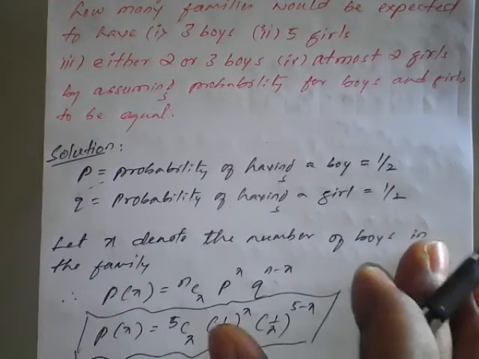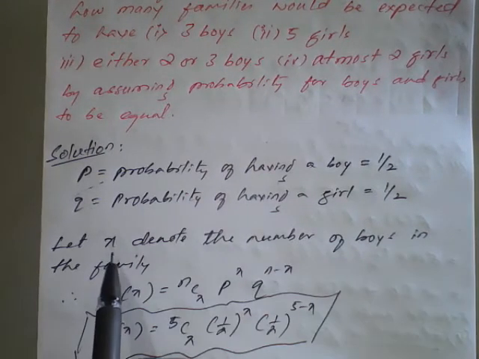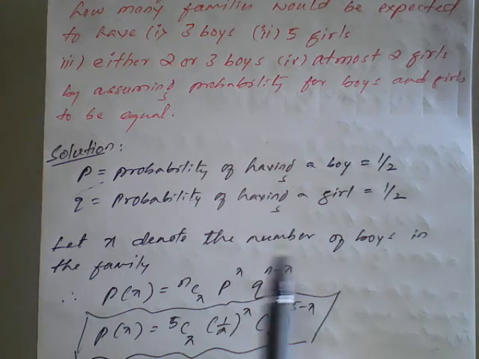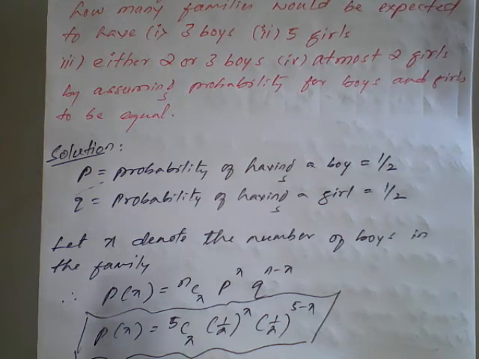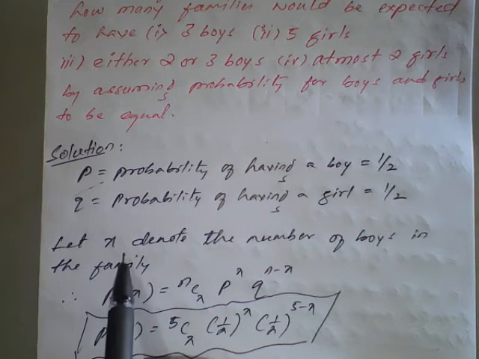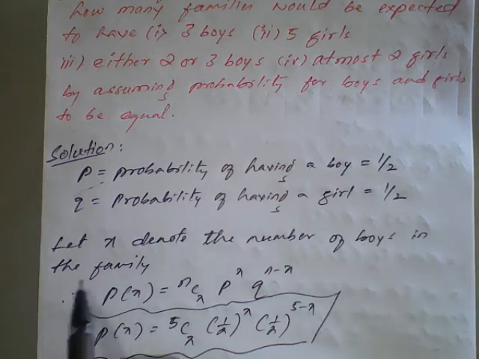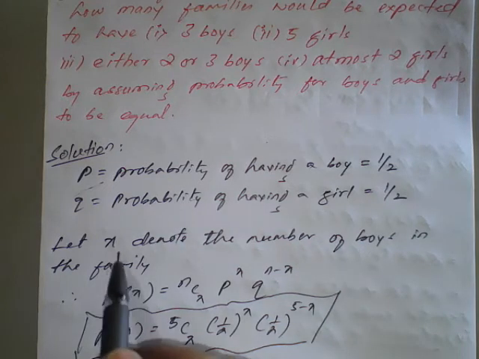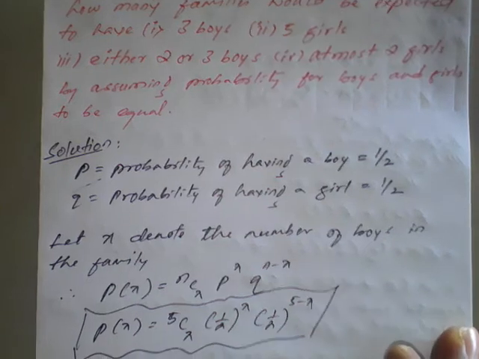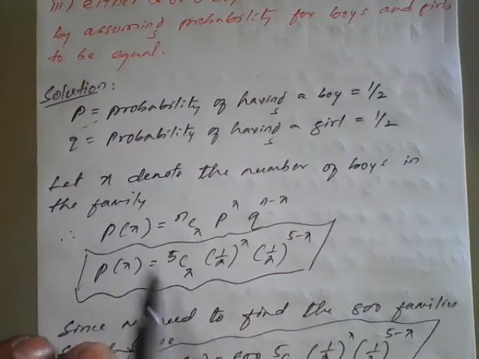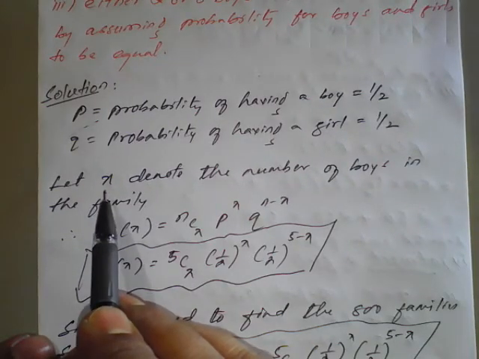Here I want to fix a random variable. So x denotes the number of boys, meaning x belongs to the number of successes from this experiment. Whenever we use the value of small x, it should be boys only.